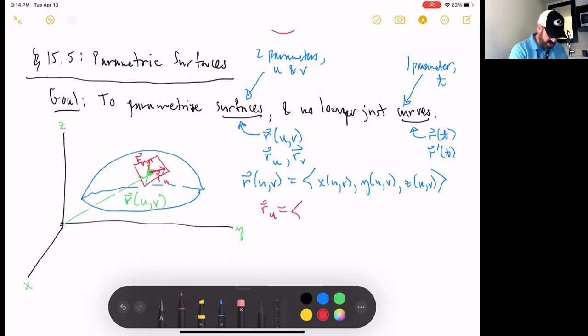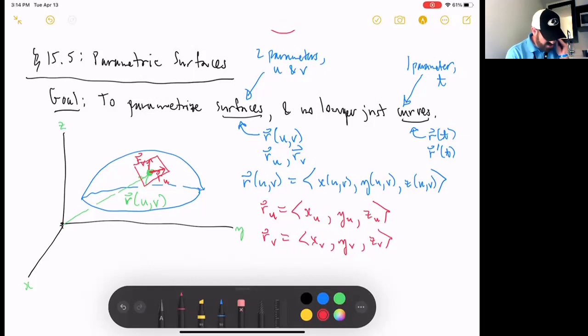Well, r sub u is going to be the u derivative of x, the u derivative of y, and the u derivative of z. And r sub v is going to be the v derivative of x, the v derivative of y, and the v derivative of z.